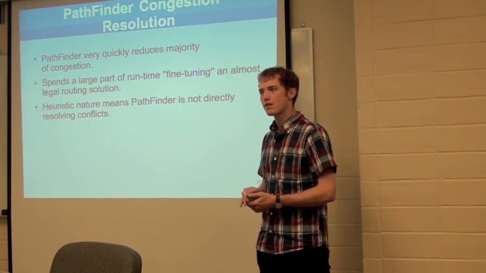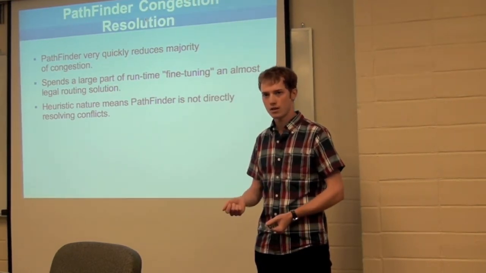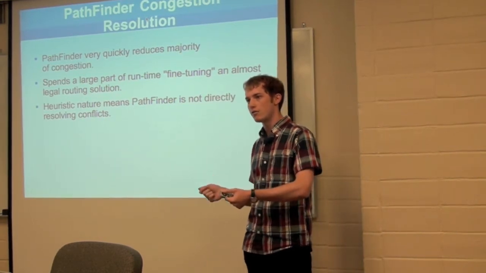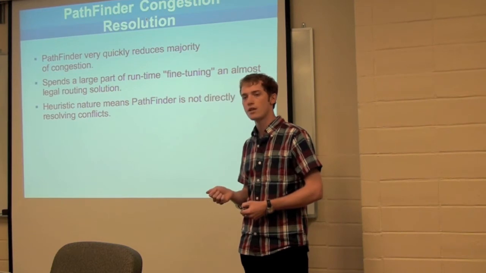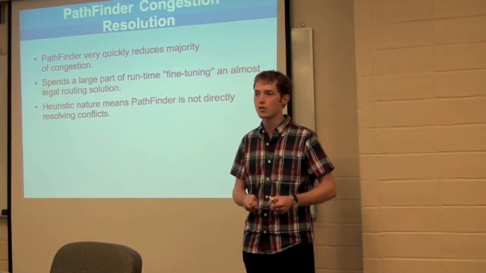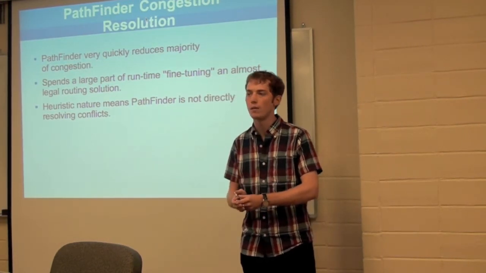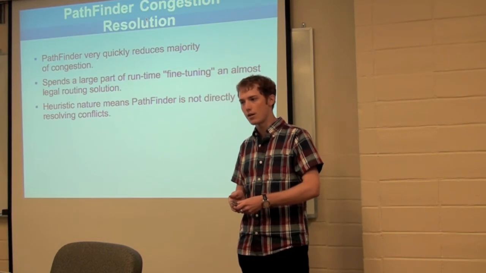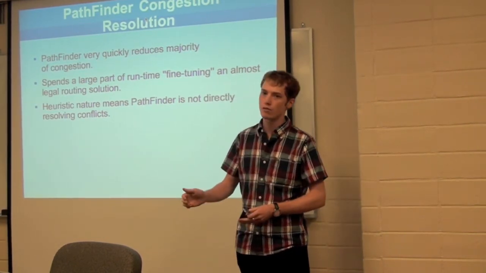And this makes a bit of sense if you think about how PathFinder is actually trying to resolve these conflicts. So I said that PathFinder allows conflicts on wires, and the way it tries to avoid conflicts in the long run is to adjust costs of routing resources to try and encourage, say, one signal who really needs that routing resource to use it, and then another signal that maybe doesn't quite need it as much to use a different route.